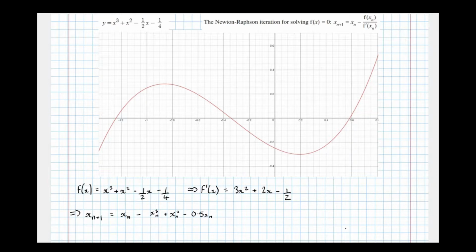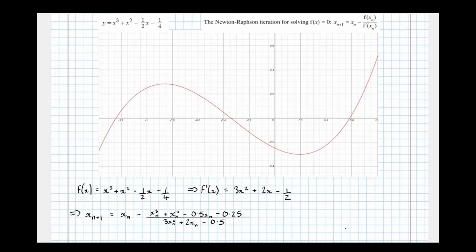I'm just doing that to make it easier to write, to put it on one line. It'll be easier to type in the calculator as well. Take 0.25. All over f dash xn, which is, we just worked out before, 3 xn squared plus 2 xn, take 0.5. So that's the method we're going to use to solve this equation to find its roots.